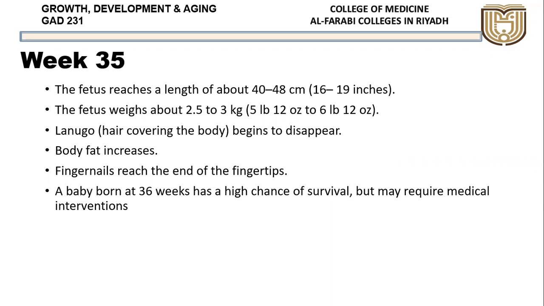So if there are chances of such things, they start giving specific drugs like steroids, which help in the early development of the lungs, which is one of the important components for the fetus to survive, because it has to respire once it comes out.